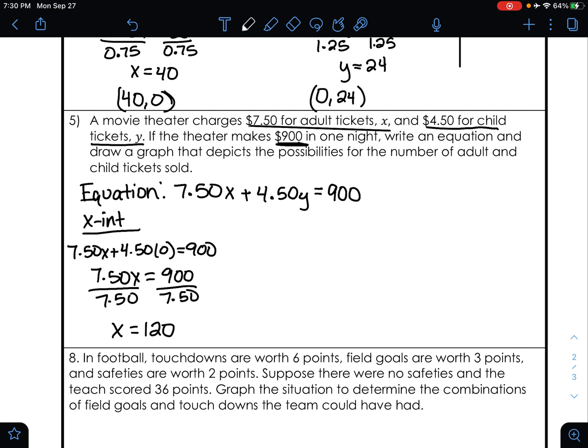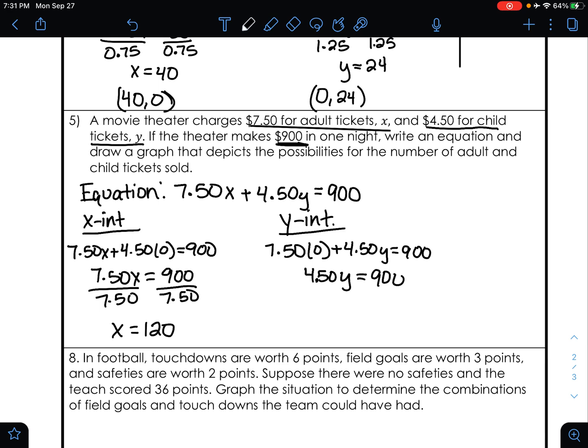Okay, then my y-intercept would be plugging in 0 for x and solving for y. So that would leave me with 450y equals 900.